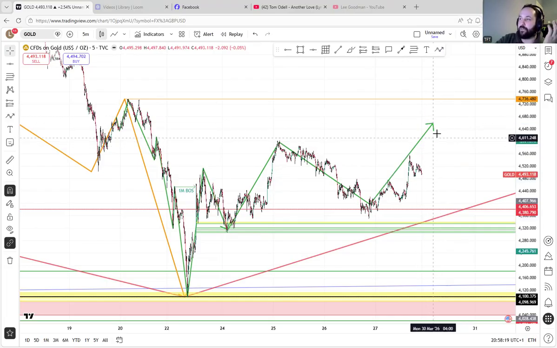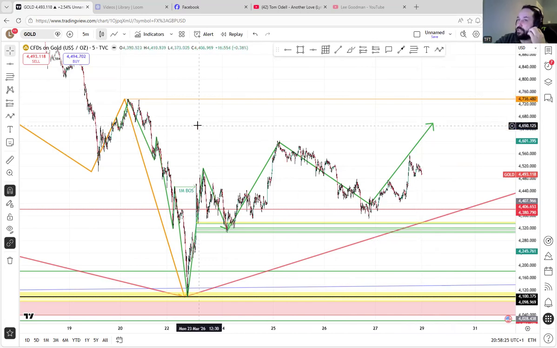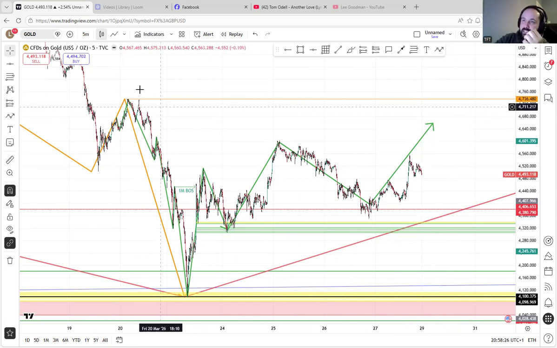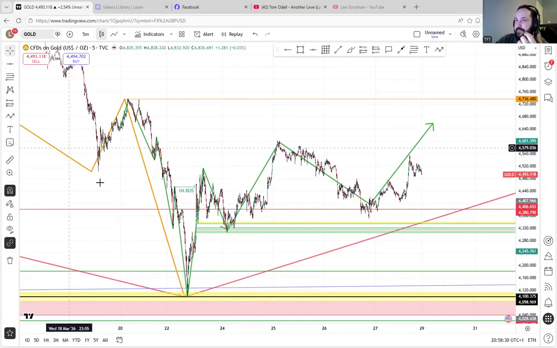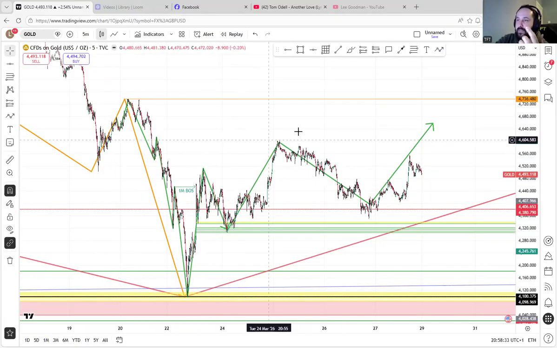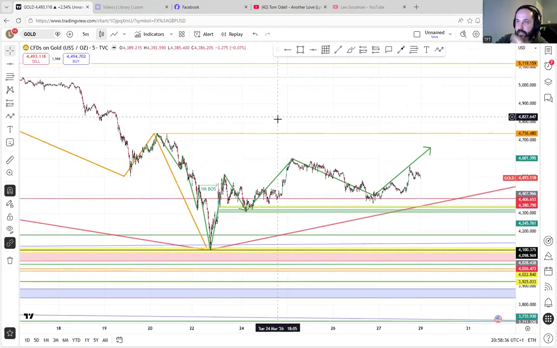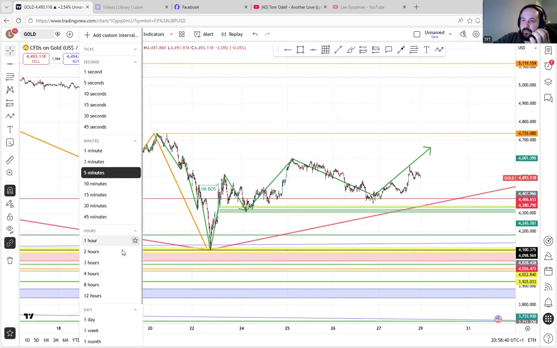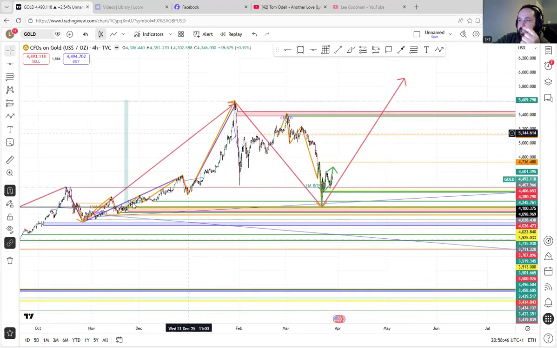And then what it does from somewhere around here is what I would be waiting for to tell me if I think this high is going to be taken, and then we're going to turn bullish on the 15-minute again. And obviously, if we turn 15-minute bullish, I'd then expect the 4 hour high to be taken as well. I say that because I've just jumped on the 4 hour, because obviously we're always working to one time frame.